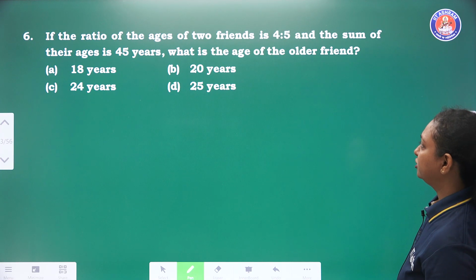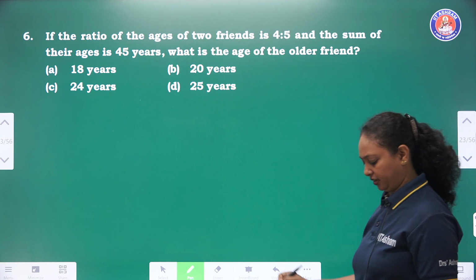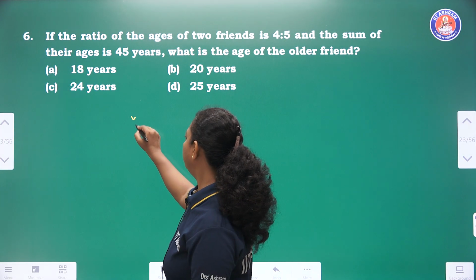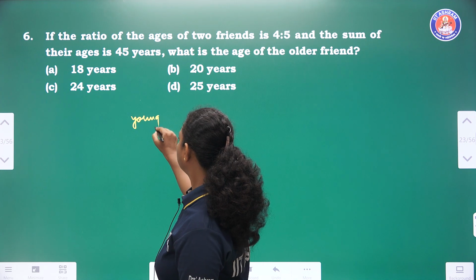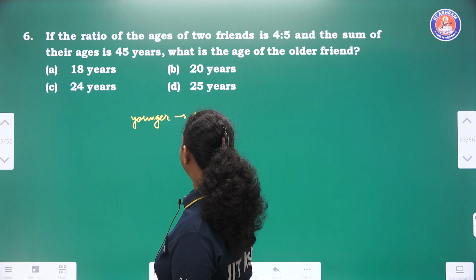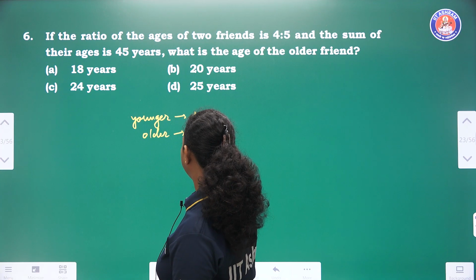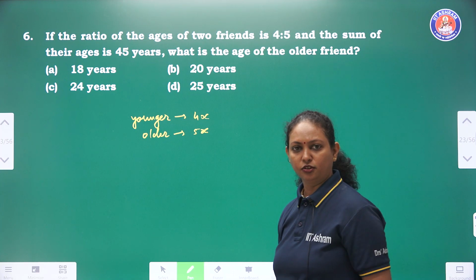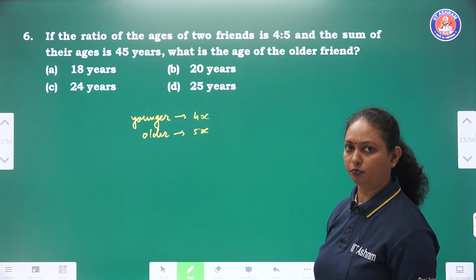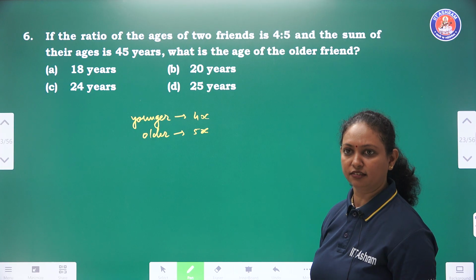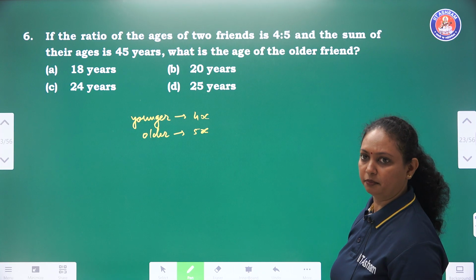If the ratio of the ages of the two friends is 4:5, let us assume that the younger person has age 4x and the older one has 5x. Because the ratio is given, some number is commonly multiplied with both numbers. Ratio is always expressed in its simplest form.